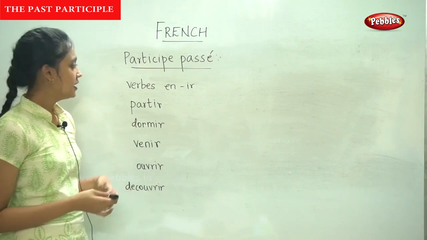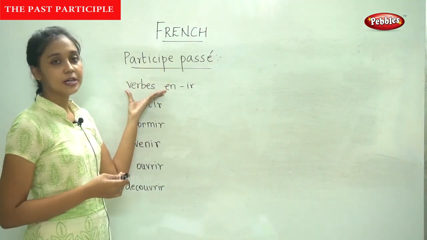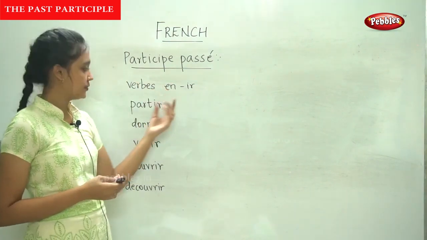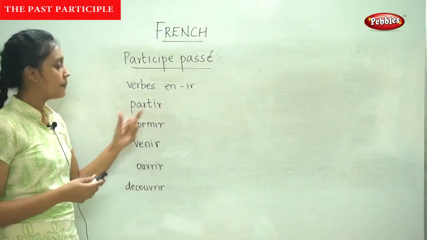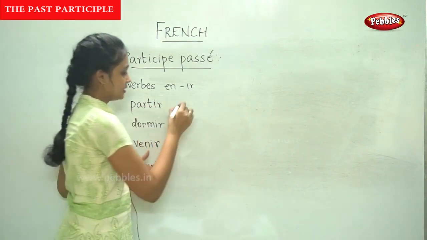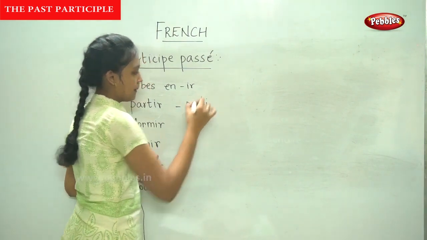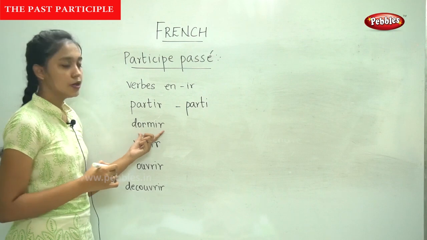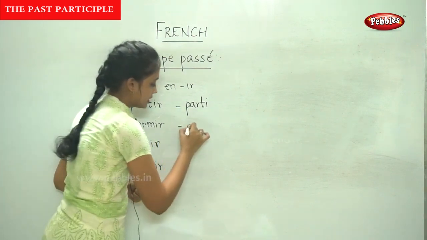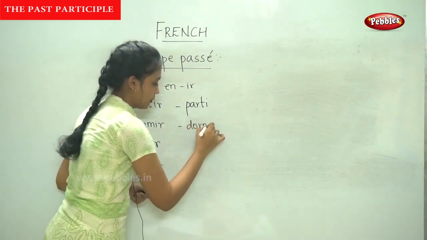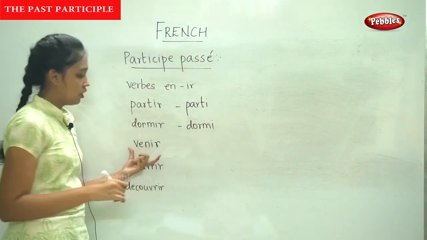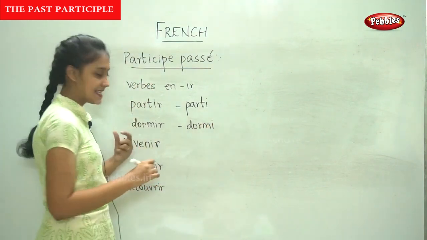Now finally, the past participle for verbs ending in IR. So the first verb, partir. For partir, the past participle is parti. For dormir, it is dormi. For venir, it is slightly different.